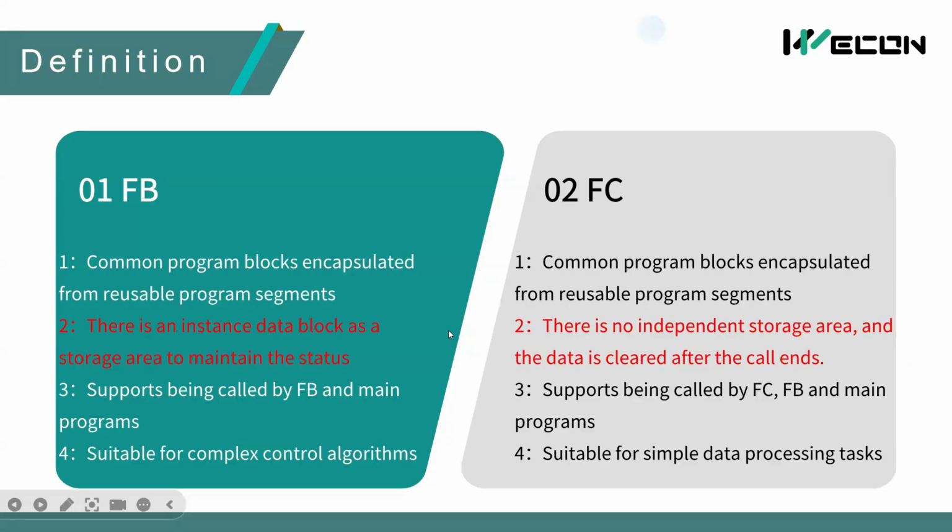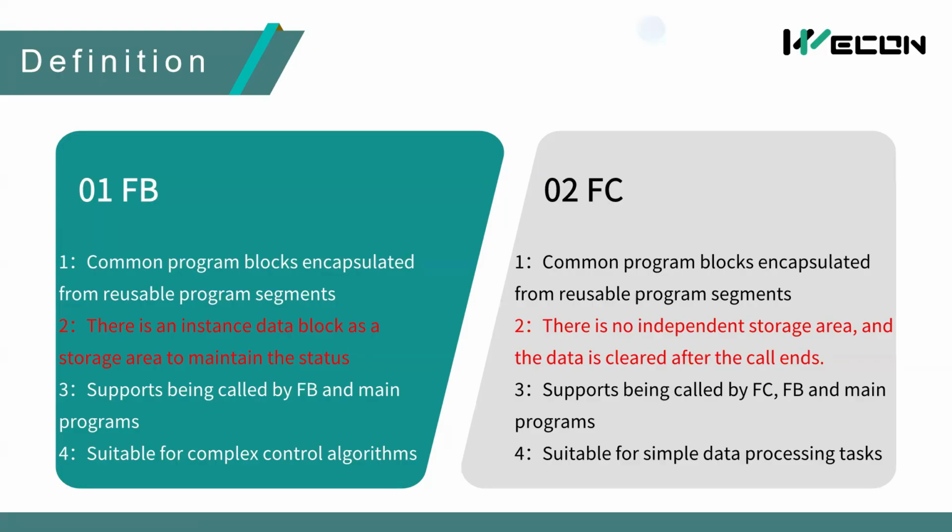And the second point is the difference between function block and function. In function block, there is an existence data block as a structure area to keep the internal status. How to understand? It means in function block, some value may be related to time or something.